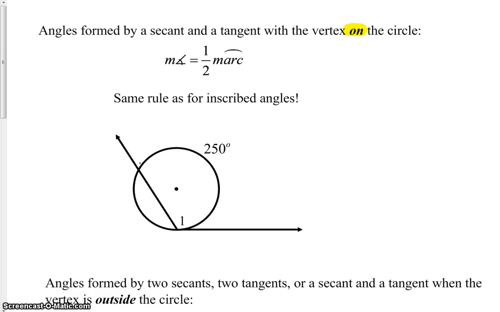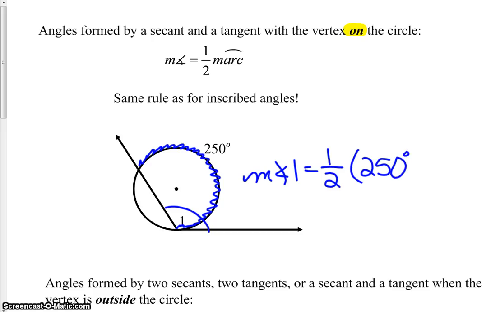This is exactly like it was for the inscribed angles. In fact, whenever the vertex is on the circle, the measure of the angle is always 1/2 of the intercepted arc. Our intercepted arc here was 250 degrees, so the measure of angle 1 is going to equal 1/2 of 250 degrees, or 125 degrees.